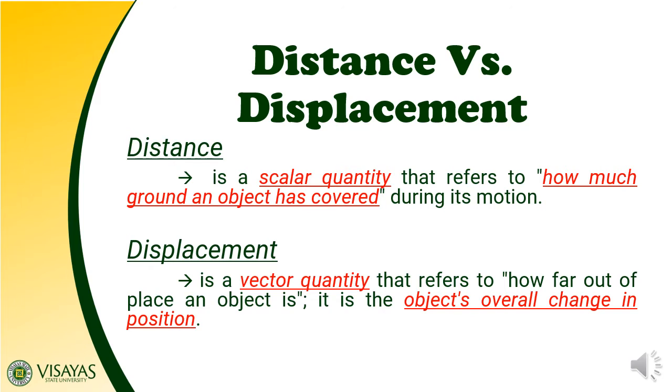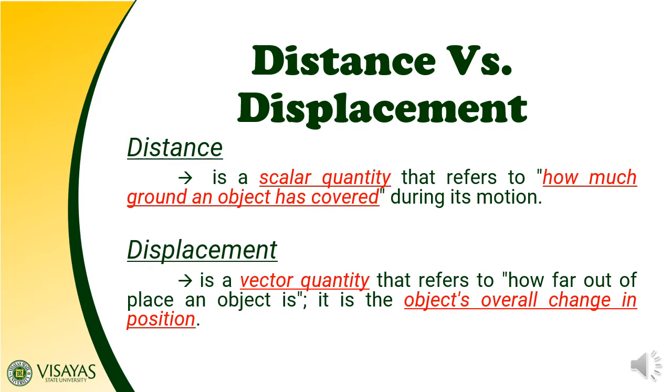So the main difference between distance and displacement is that distance is a scalar quantity. It is more focused on the magnitude of the travel of an object. It refers to how much ground an object has covered regardless of the direction of travel, because distance is a scalar quantity.